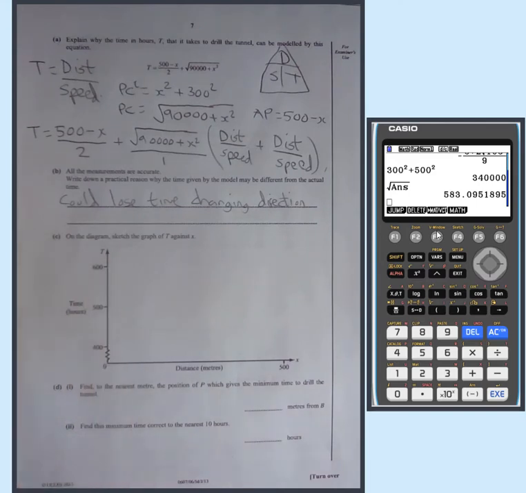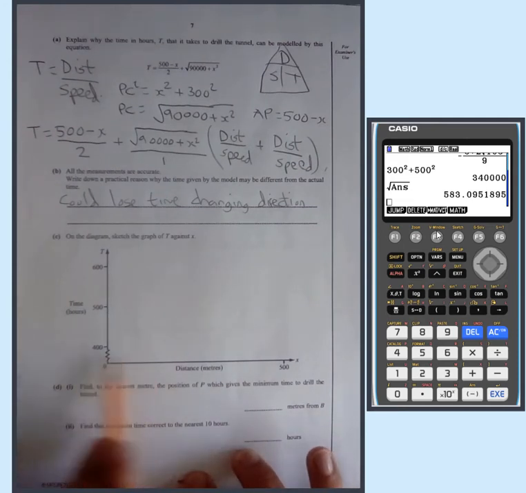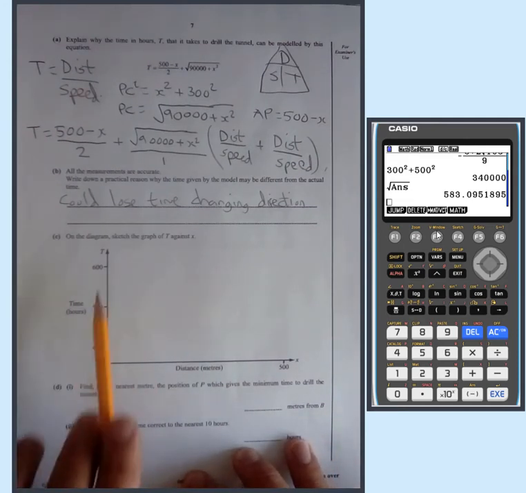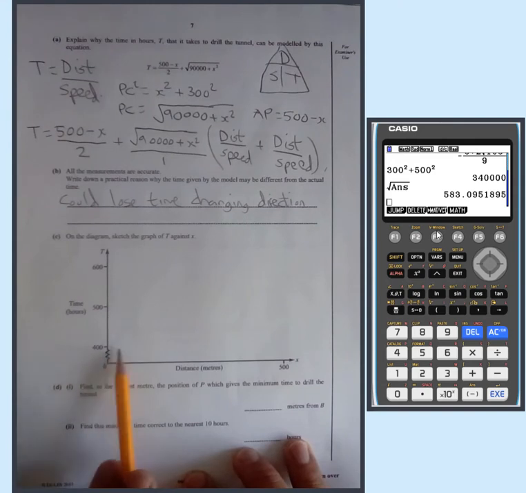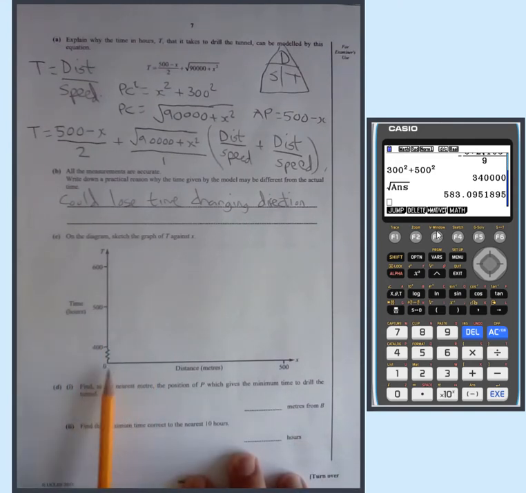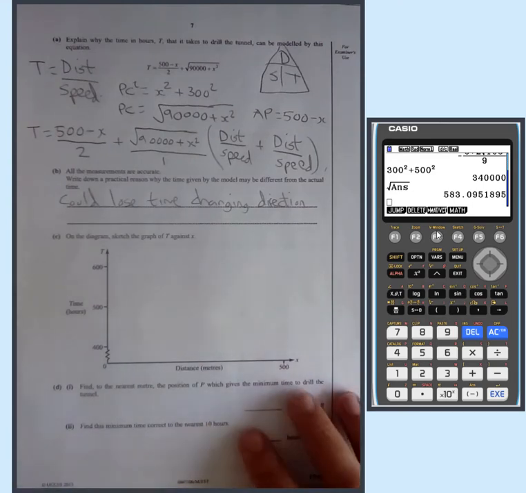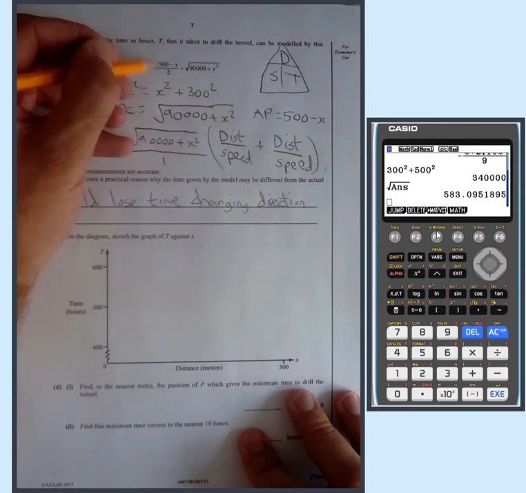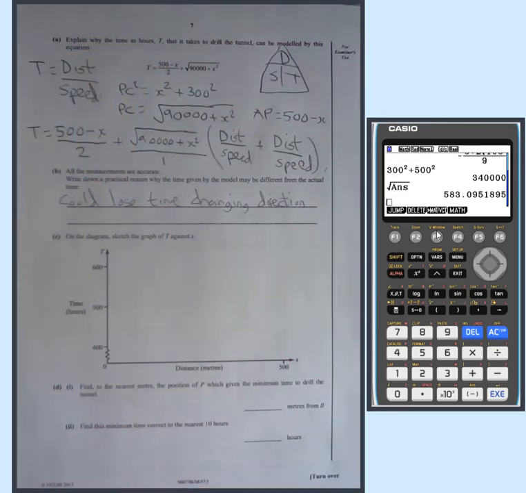On the diagram, sketch the graph of t against x. It's an interesting scale. We've got a broken scale here. So we want to start t, or y min, at 400 and y max at 600. X min is going to be 0 and x max 500. The formula that we're going to put in is over here. So it's 500 minus x over 2 plus the square root of 90,000 plus x squared.